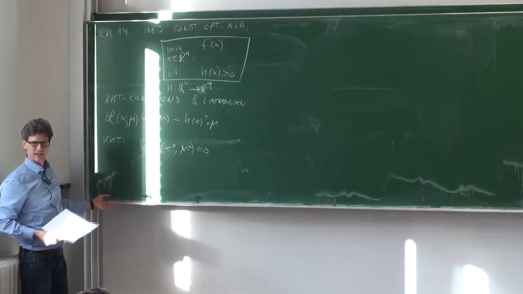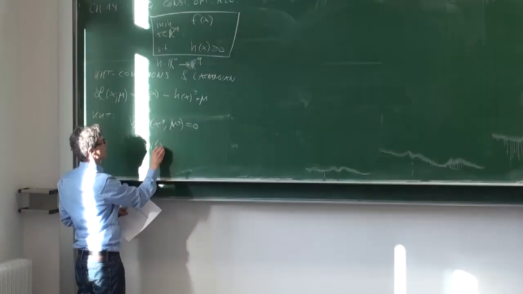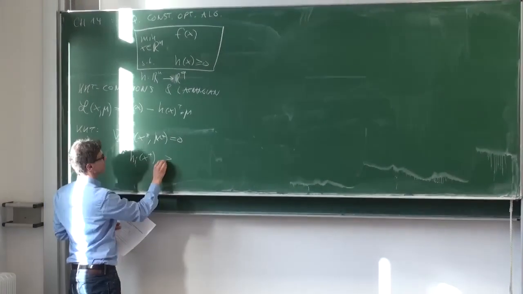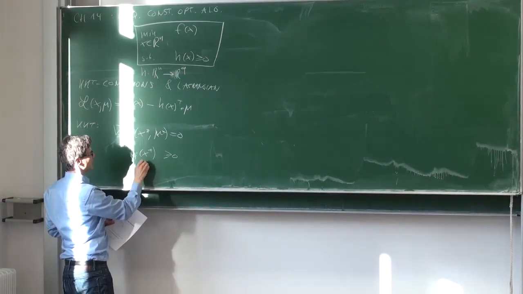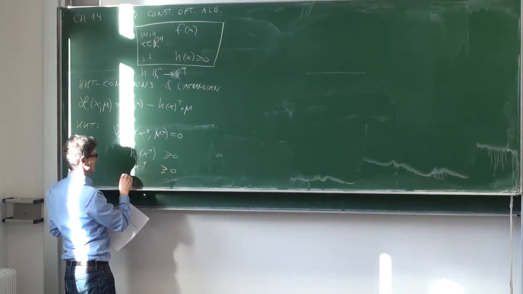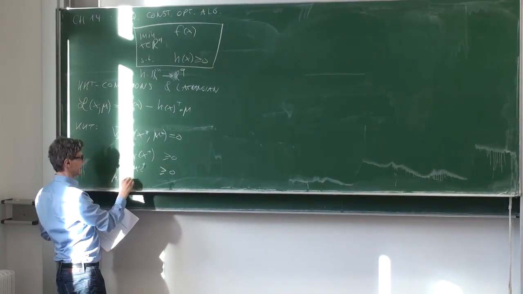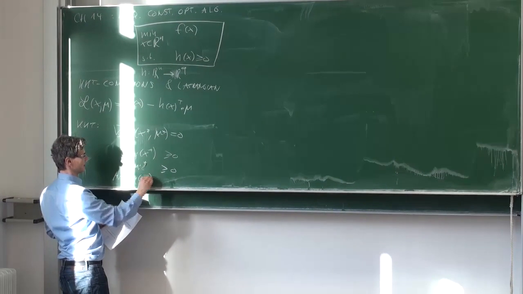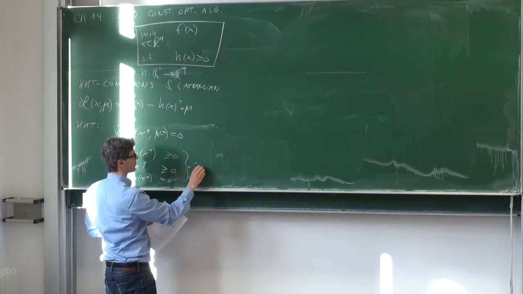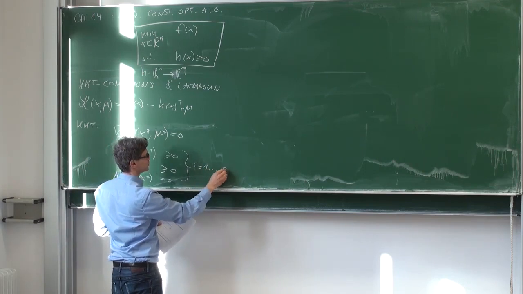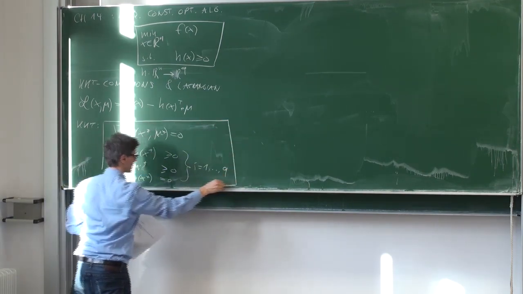And then the remaining terms are the complementarity conditions. h_i of x star should be positive, mu_i star should be positive, and the product of mu_i star and h_i at x star should be equal to 0 for i from 1 to q. So these are the KKT conditions.